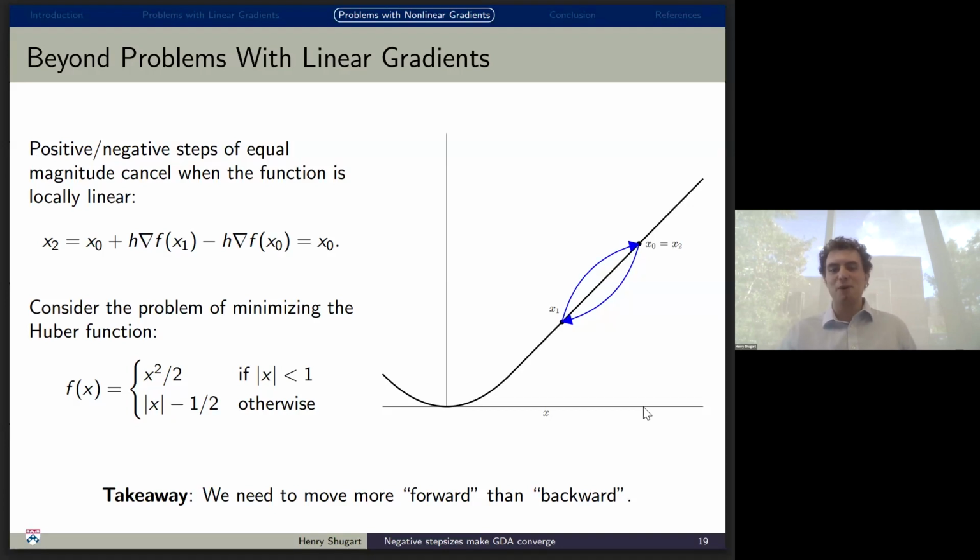And so the takeaway here is that we're going to need to change the Slingshot step size schedule from these positive negative gradient steps, and move to something that takes more forward steps than backward steps, so that in this minimization example, we're actually moving in a negative gradient direction, and we can ensure progress even when the function is locally linear.